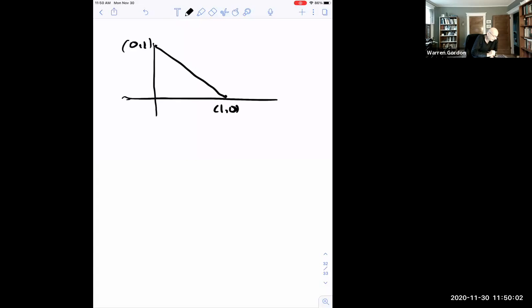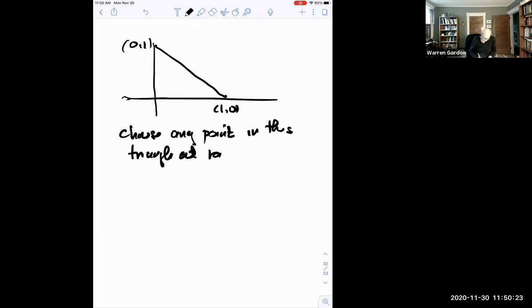And now let's suppose I choose any point in this triangle at random, and I'm just as likely to choose any point as any other point.